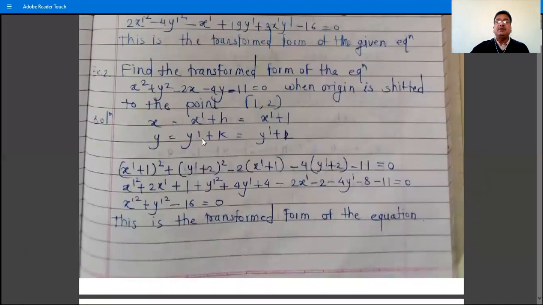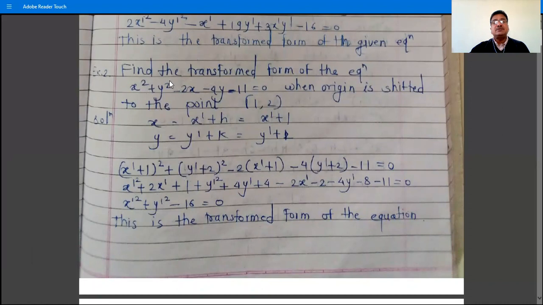So if we shift the origin and I have to find the transformed form of the given equation, then just remember two formulas: x = x' + h, y = y' + k. This equation and this equation both represent the same curve.